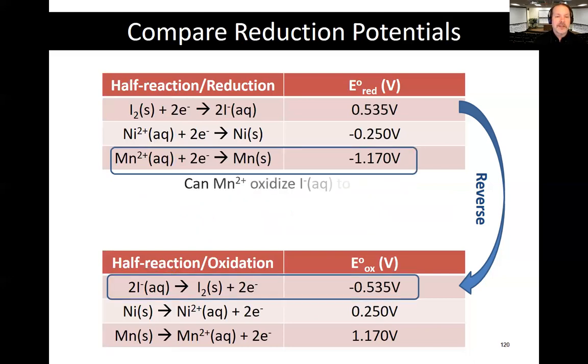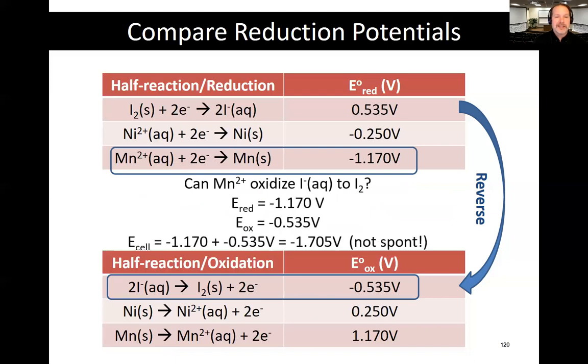Now, when I'm dealing with this question, can manganese 2 plus oxidize I minus to I2? I go and think about the reduction potential for manganese, because if it's going to oxidize someone else, it itself is going to be reduced. All right. Now I look at the I minus to I2 oxidation reaction, which was the reverse of what was actually shown.